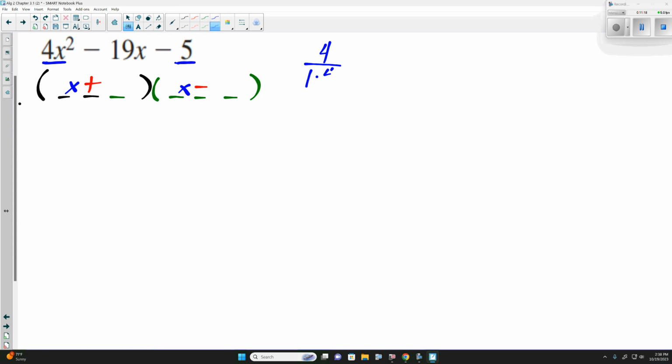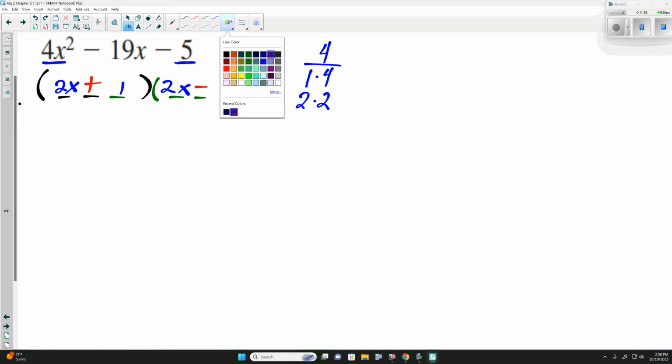Factors of 4 are 1 and 4, or 2 and 2. Which one do we want to try first? Factors of 5 are 1 and 5, and that's the only one, so we just need to plug them in. 5 in the second.